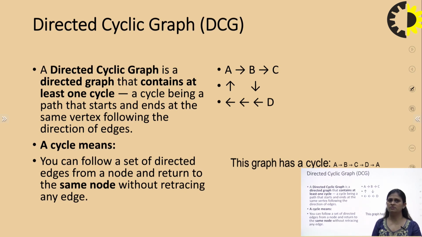Directed cyclic graph, also known as a DCG. A directed cyclic graph is a directed graph that contains at least one cycle.